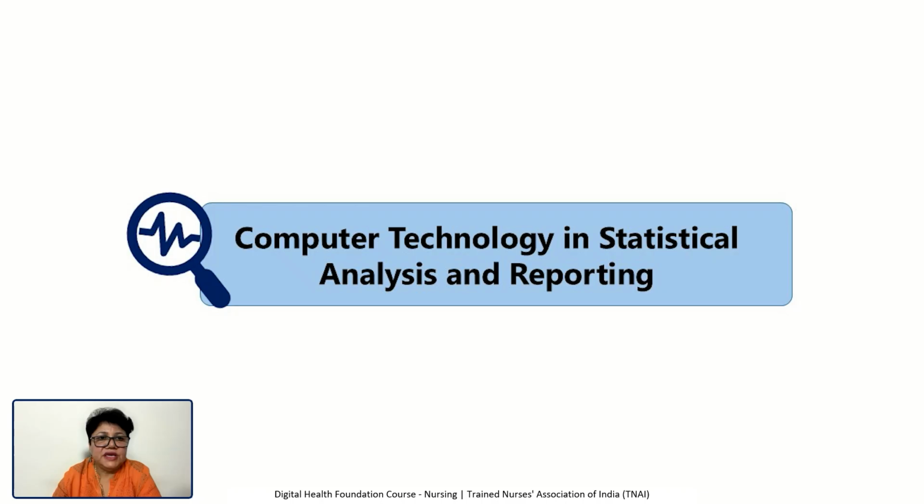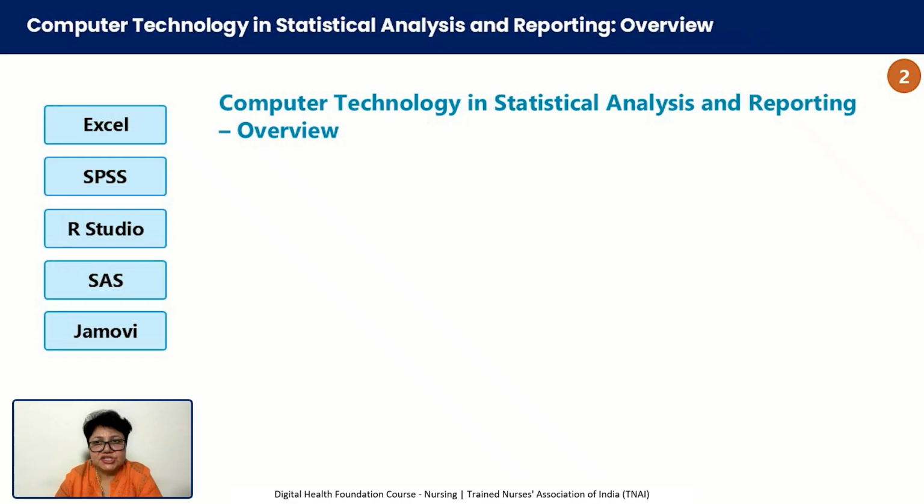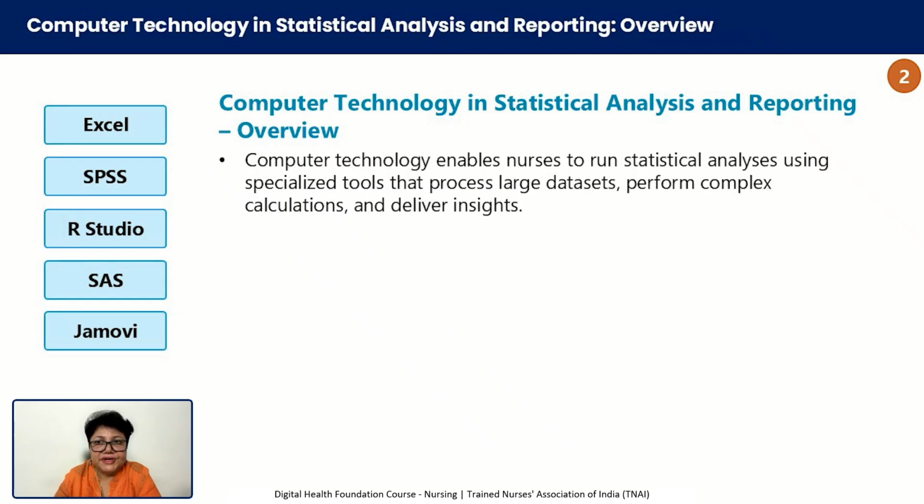Now, we will be seeing the computer technology in statistical analysis and reporting. In modern nursing research, the ability to analyze data accurately is as critical as collecting it. Computer technology enables the nurses to conduct powerful statistical analysis through specialized tools designed to handle large data sets and deliver actionable insights.